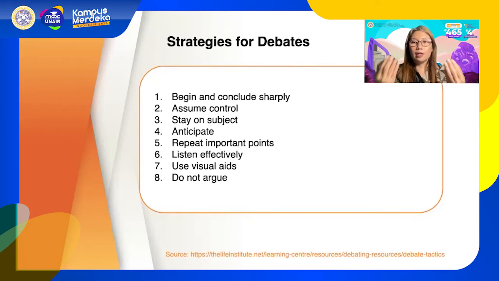Your eye contact, your hand gestures, your body movement show how much you want to engage with your participants, and this is very important. And then you should also try to stay on subject. How to do that?